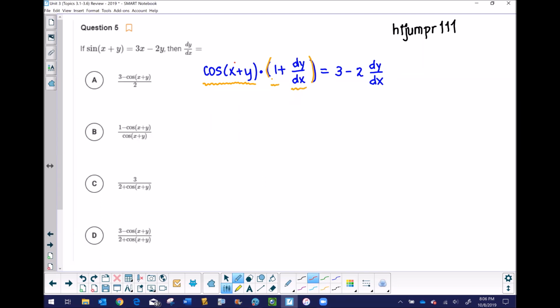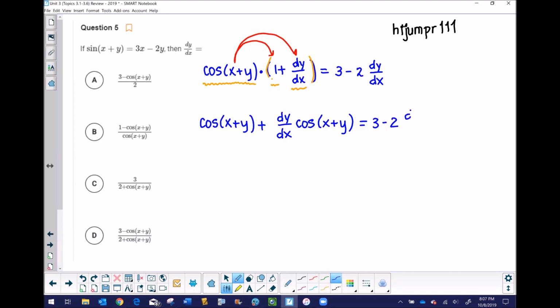We need to multiply this one term that's outside by both of those terms. That's what will bust up those orange parentheses. So cosine of x plus y times 1, plus the dy over dx multiplied by cosine of x plus y, just like that. And then the right side is sitting and waiting patiently.